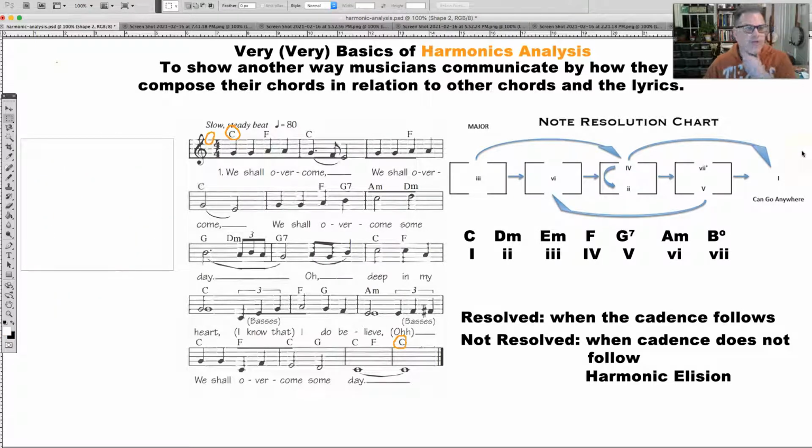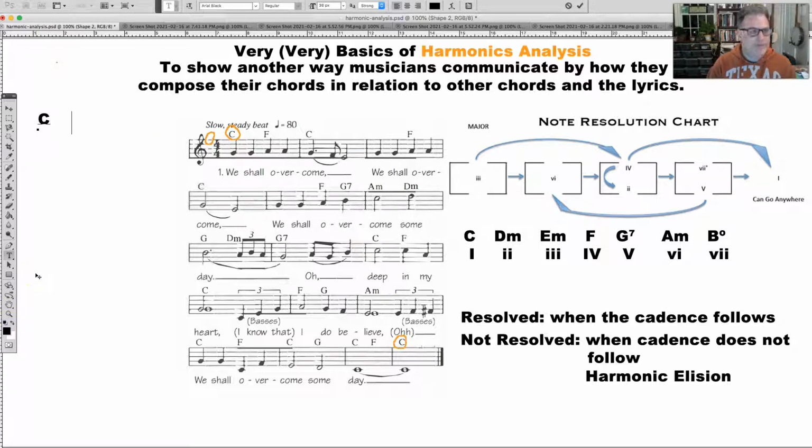What we do in this instance is I like to start writing out the chords as they appear on the lines. So I'm going to start with C, F, C, F. And that is line 1.